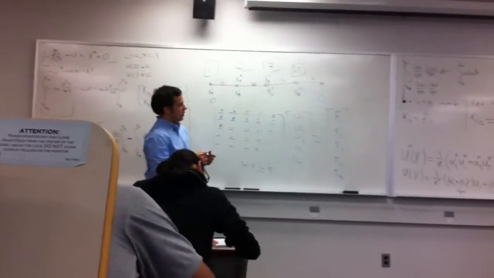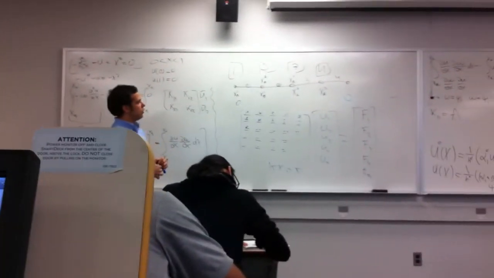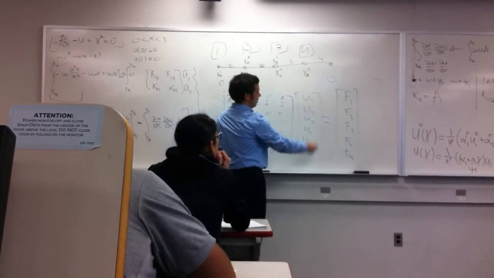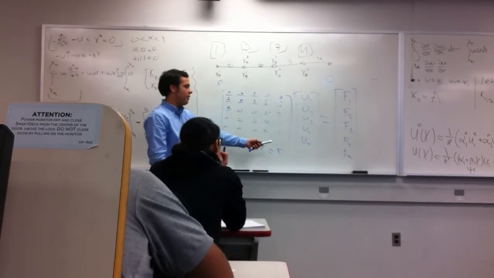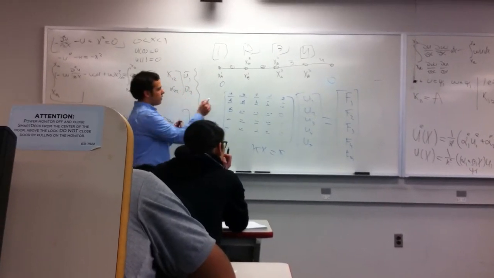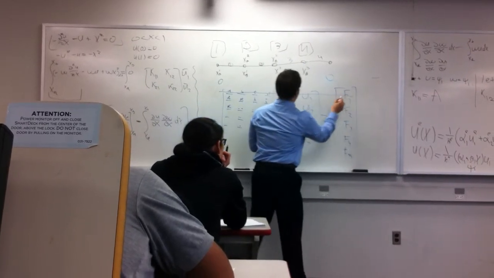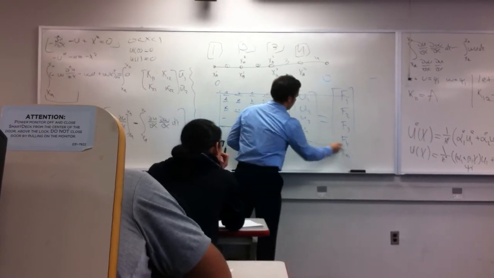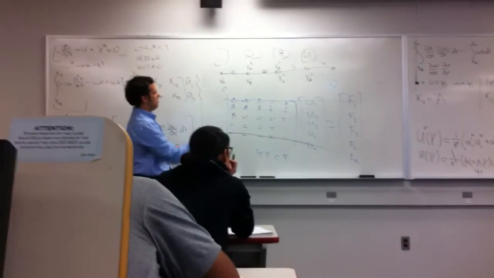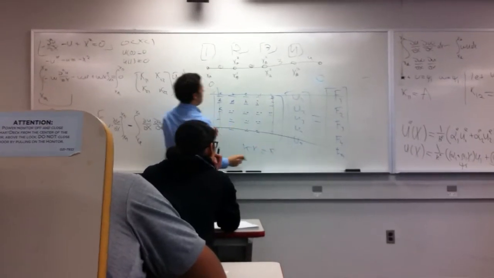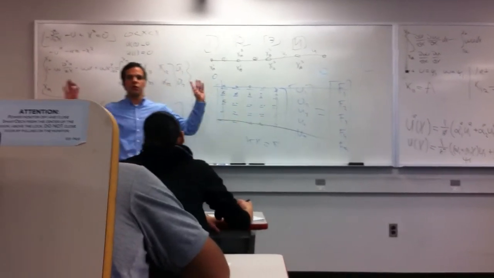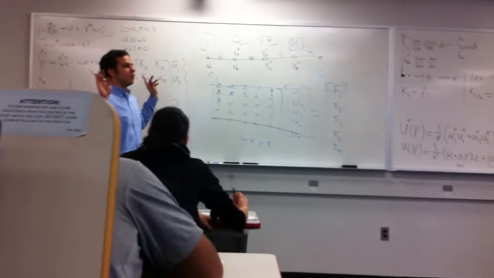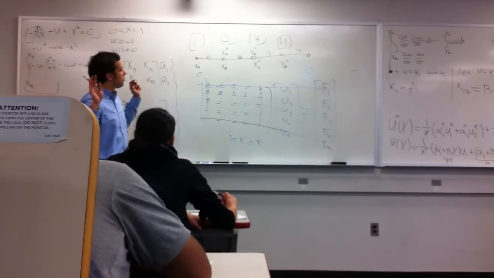So to get around that, you use condensed equations. Since I know what U1 is already, and I know what U5 is already, you're just going to disregard everything that has to do with them, and also kill these two rows because they have to do with U1 and U5.